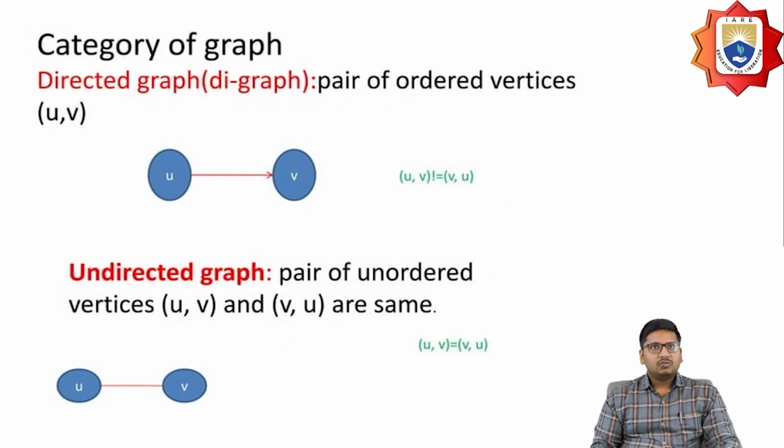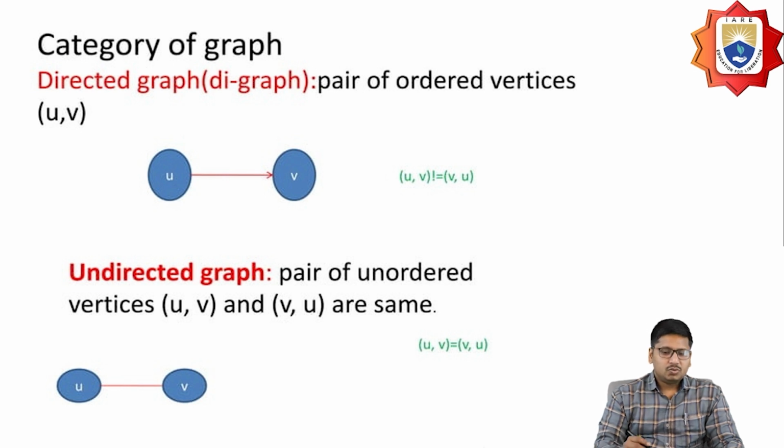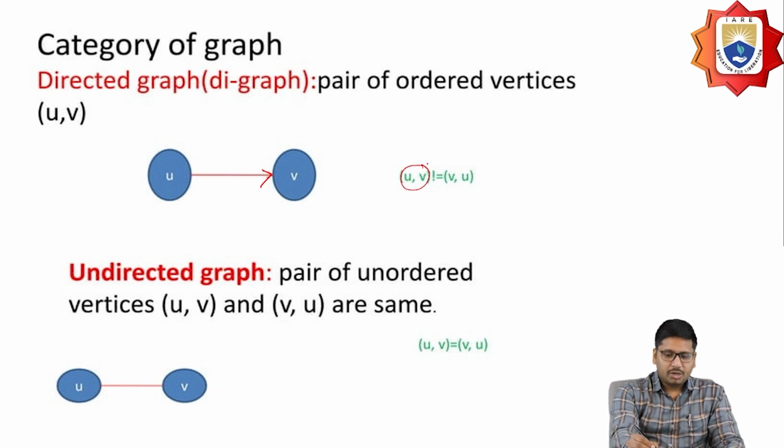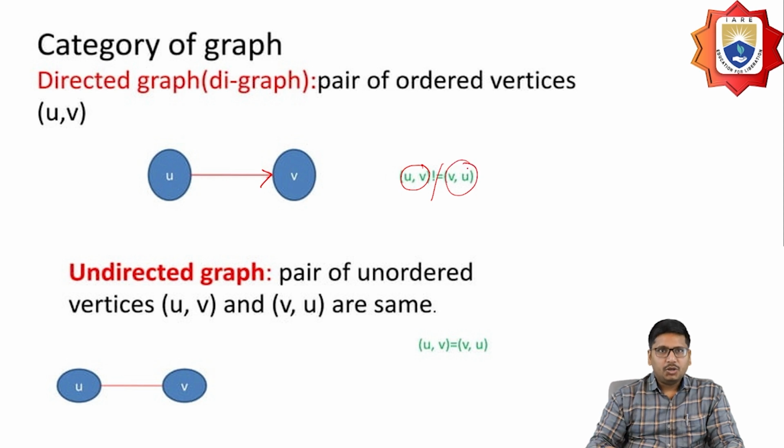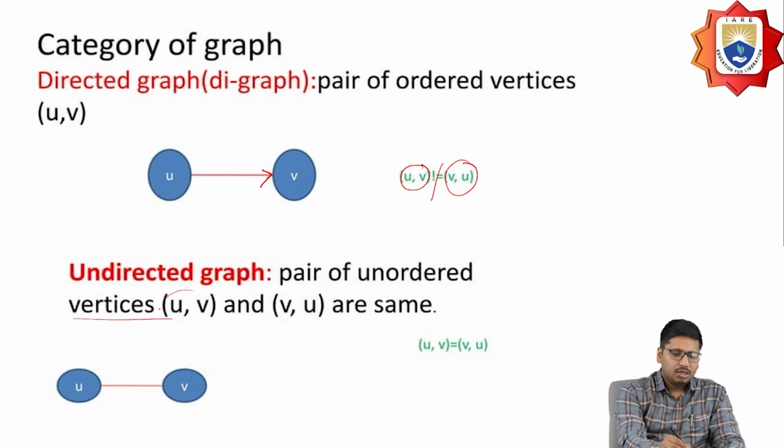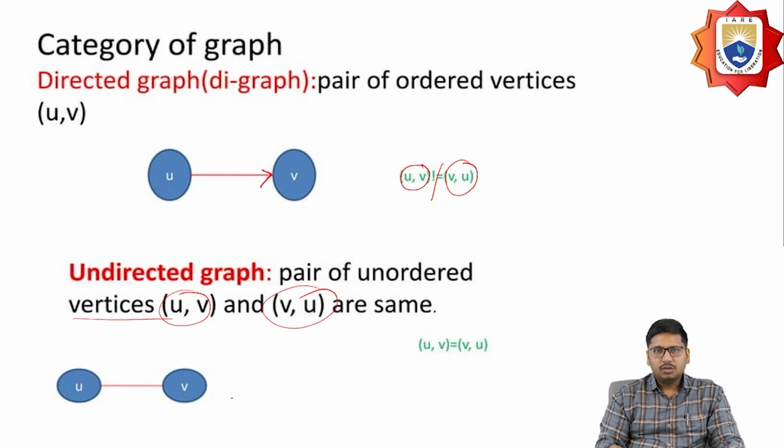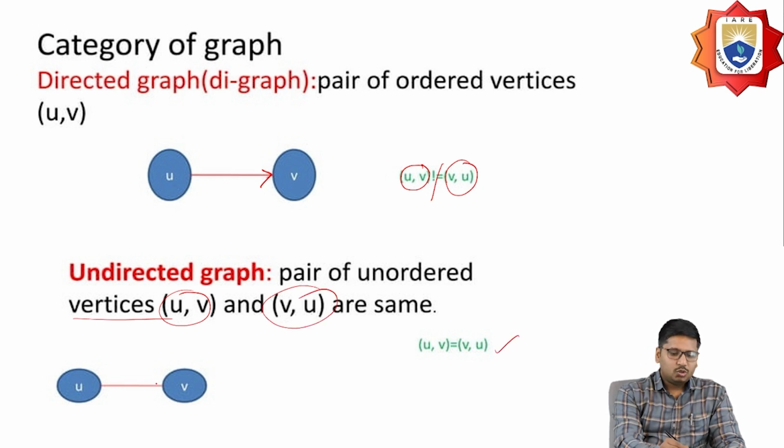There are different categories of graphs: the directed graph, called a digraph, and the undirected graph. A digraph means the edges maintain arrows, where the pair (u, v) may not equal (v, u). Whereas in an undirected graph, the ordered vertices (u, v) and (v, u) are the same, since there is no direction between them, so we can write either (v, u) or (u, v).